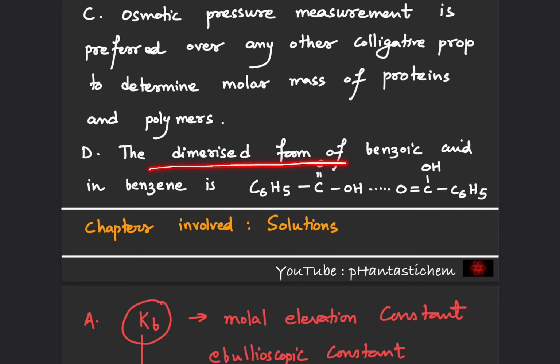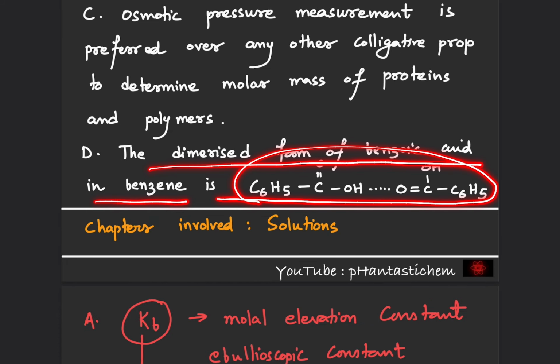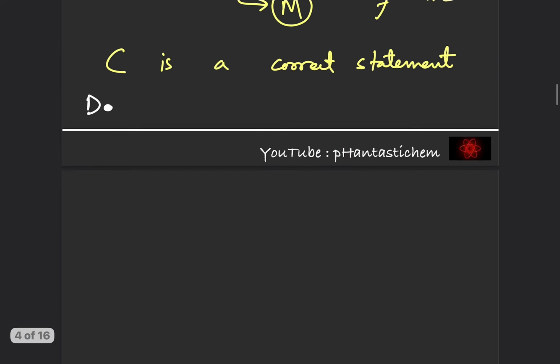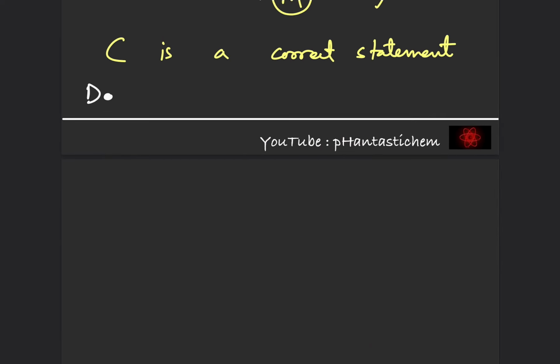The dimerized form of benzoic acid in benzene is this. So let us talk about this. Carboxylic acids, for example acetic acid or benzoic acid, whenever they are dissolved in non-aqueous solvents, for example benzene, they exist as doubly associated molecules. So this is very important.